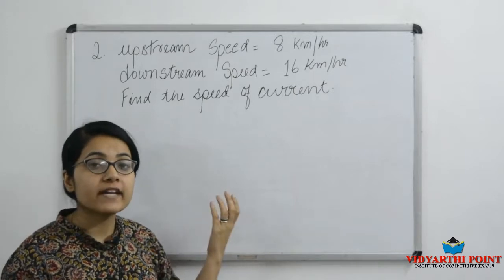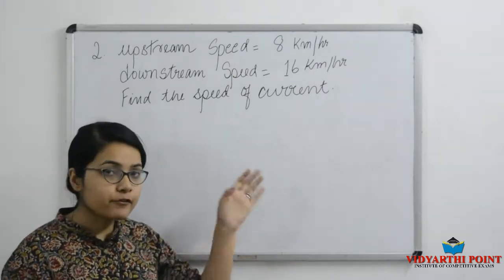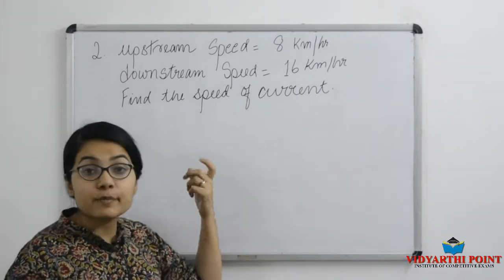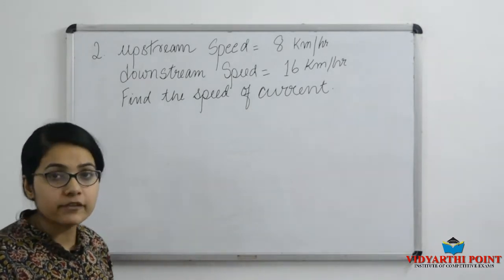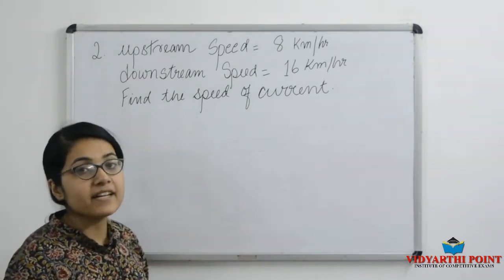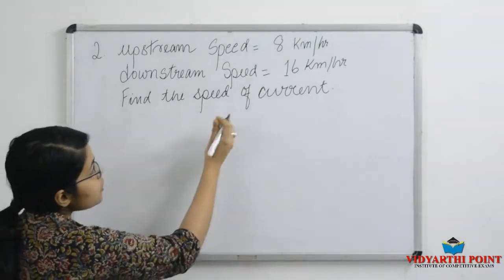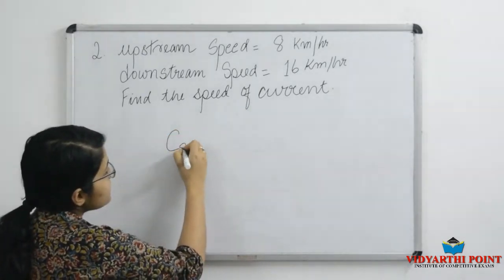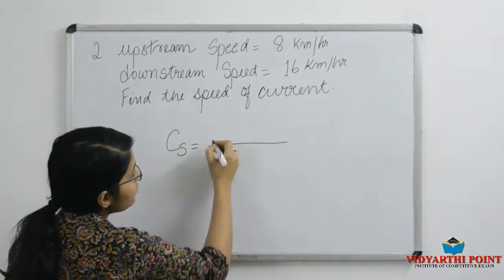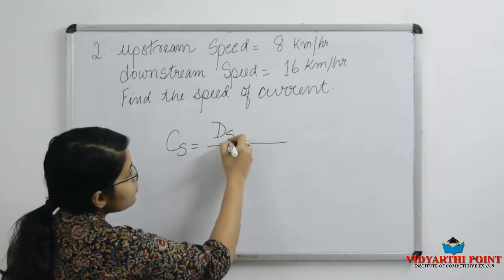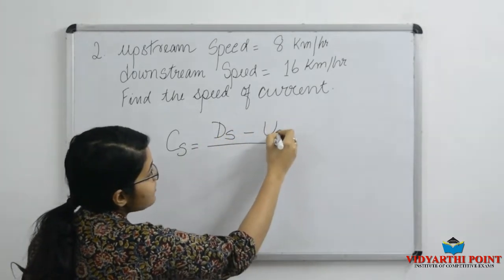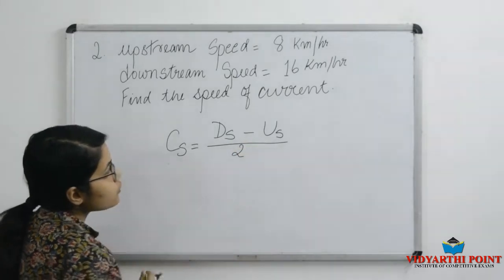Here we have to find the speed of the current. In the previous question we found the speed of the boat. Here we have to find the speed of the current. So, here we can apply the direct formula, that is speed of current CS has a direct formula, which is downstream speed minus upstream speed divided by 2.